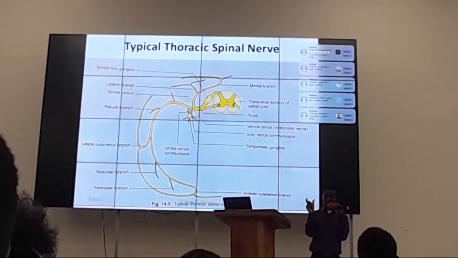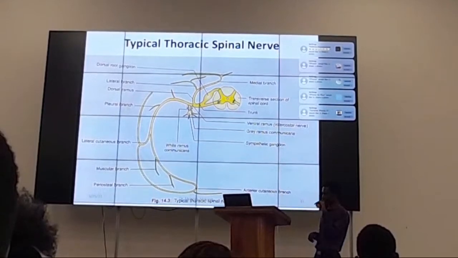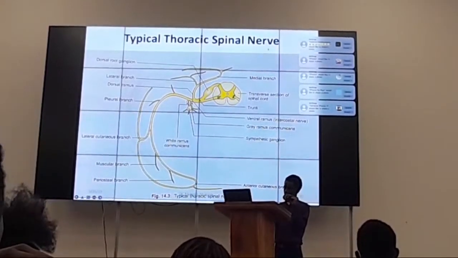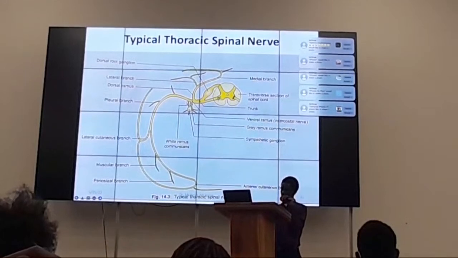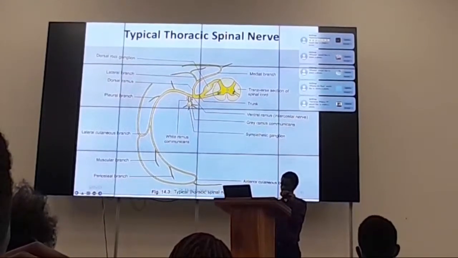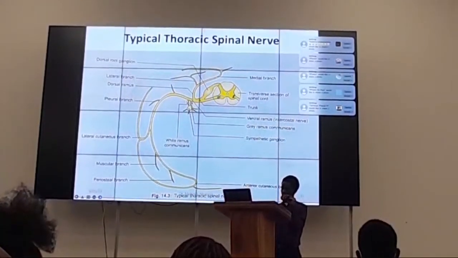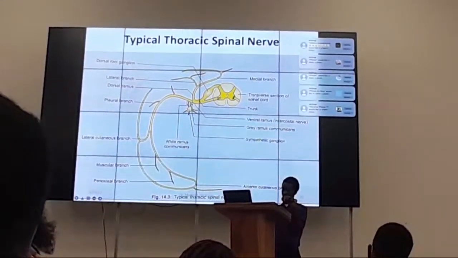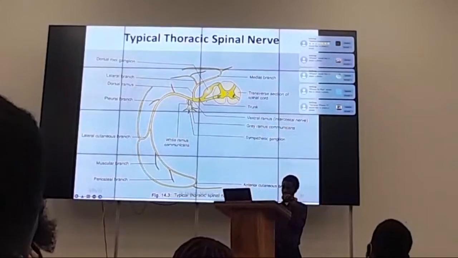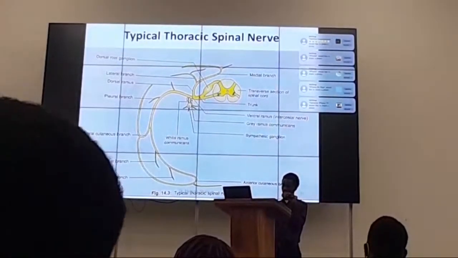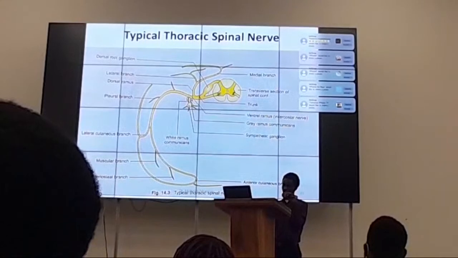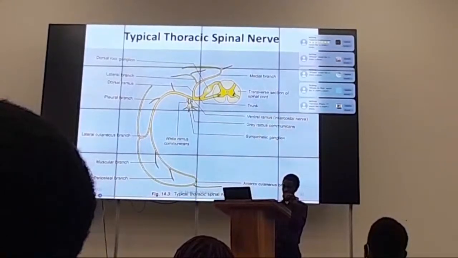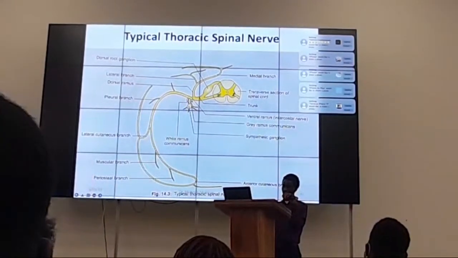That's a segment of the spinal nerve. The anterior root is this one, which comes from the anterior horn of the spinal cord. Then we have the posterior root, which comes from the posterior horn of the spinal cord.